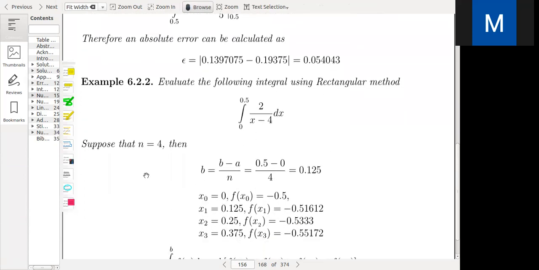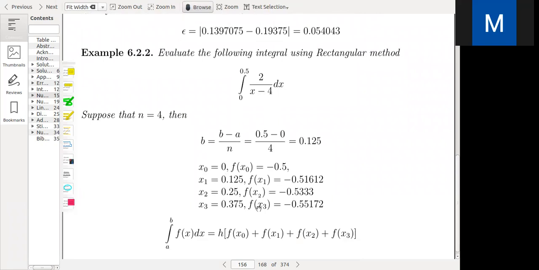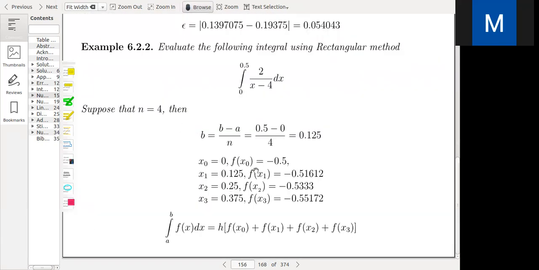Similarly, we can evaluate this integral. For n equal to 4, the step size is 0.125, and then we have different points: 0, 0.125, 0.25, because if we start from 0, the next point is obtained by adding the step size.